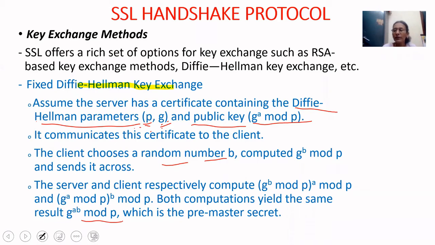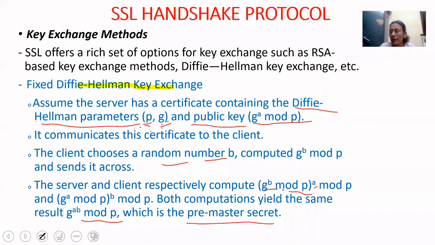What does the server do? The server has got now from the client G to the power of B mod P. It has got its private key A. So it will calculate G to the power of B mod P to the power of A mod P. That is nothing but G to the power of AB mod P. So both the client and the server have the value G to the power of AB mod P, which is the pre-master secret.